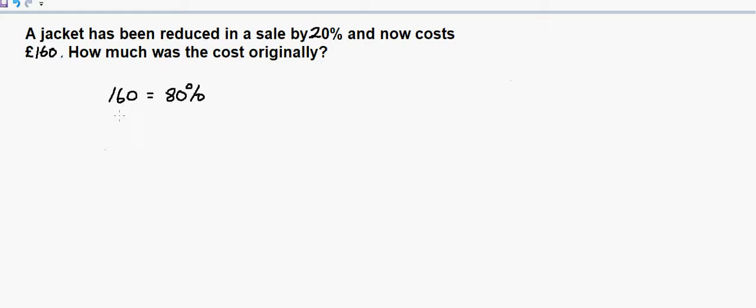So if £160 equals 80%, how can we use this to find the original cost?